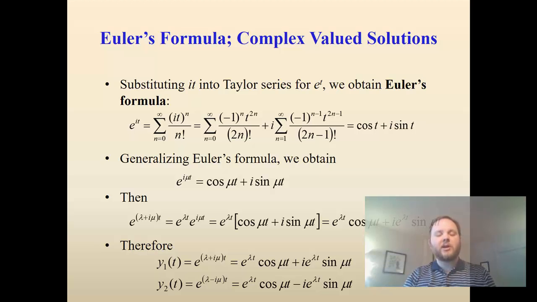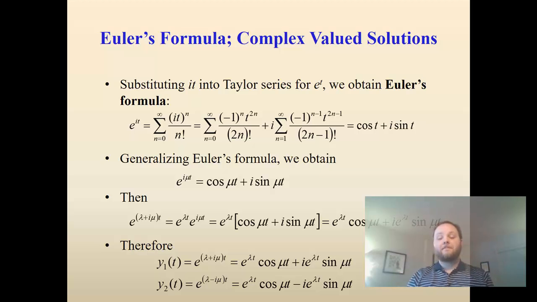And since addition in exponents means multiplication of the base, I can break it apart. So e to the lambda t plus i mu t becomes e to the lambda t times e to the i mu t. And I know what this is from right above it.